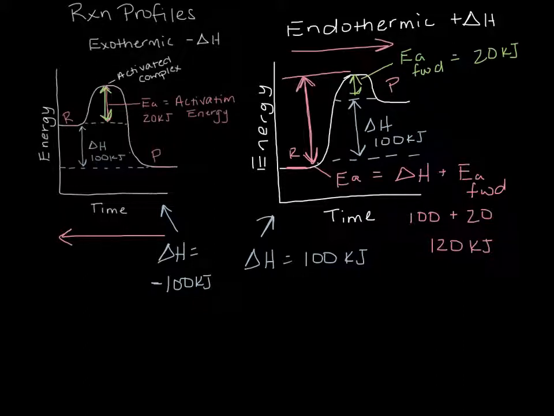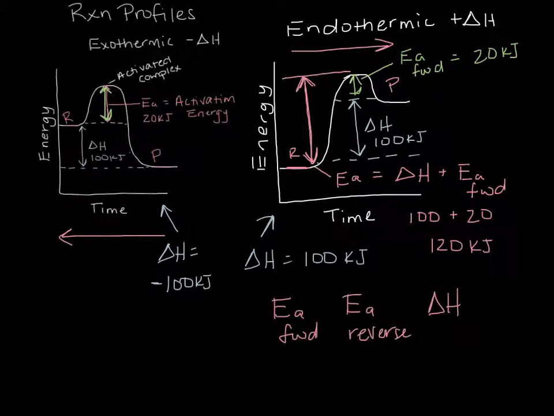So there's a relationship between our activation energy of our forward, our activation energy of our reverse, and our delta H. And if I have two of those three pieces, I can find the third piece. So if I'm given the activation energy of the forward and the delta H, I can find the activation energy of the reverse. Or if I'm given the activation energy of the reverse and the delta H, I can find the activation energy of the forward.